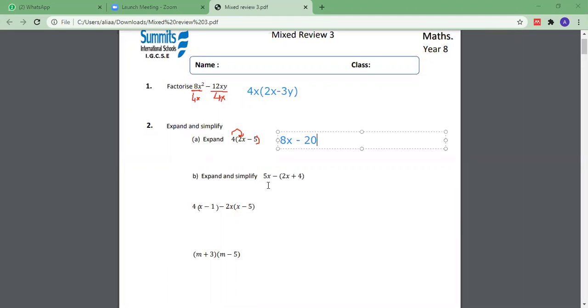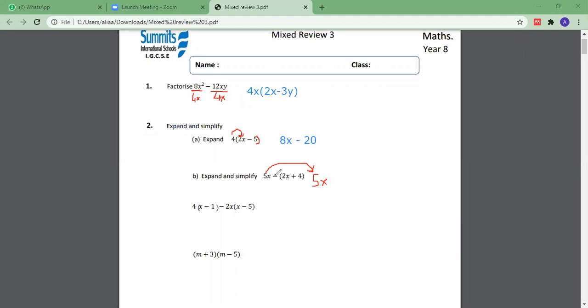I have 5x minus 2x plus 4. Okay, 5x, I will write it as it is, as if it doesn't have anything to do. Okay, what about negative?